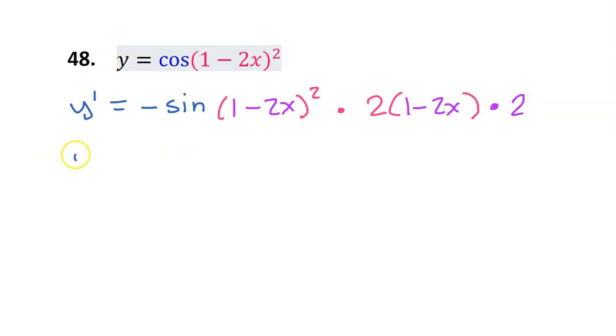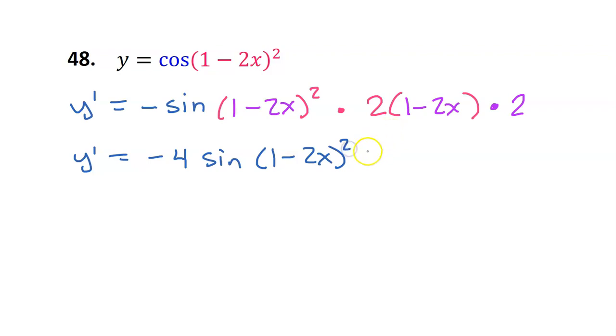Let's just organize this a little bit. I see the 2 times 2, that's going to be 4. I'm going to put that in the front. You see the negative there, so I've got negative 4 sine 1 minus 2x squared. And we've still got this 1 minus 2x over here.